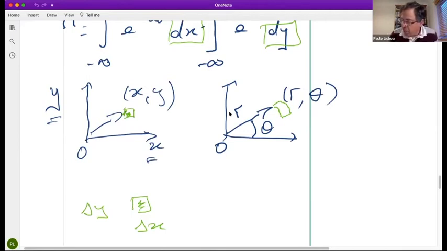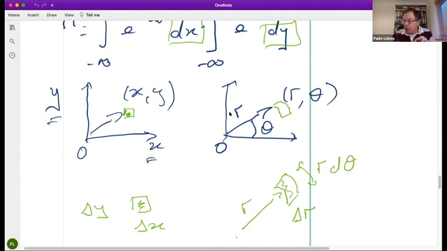But in the case of polar coordinates, it's much more fun than that, because the area is given by delta r, which is the increase in radius, obvious, but that's the bit that's going to save us, this bit on the side here, because that is an arc. And if you remember from your geometry, the size of an arc, a distance r away from the center, is r d theta. It's not just d theta, it's r d theta.